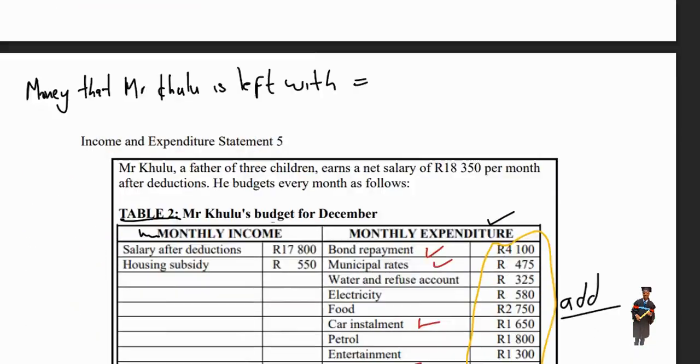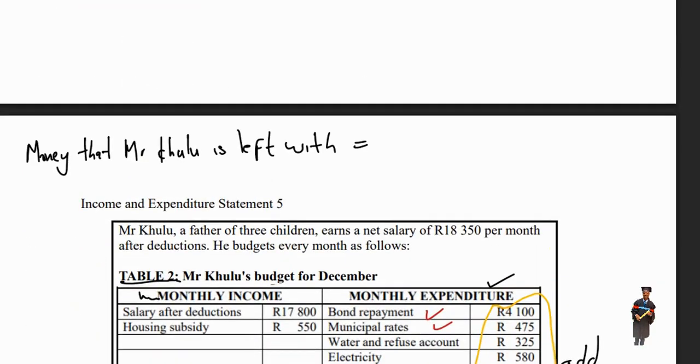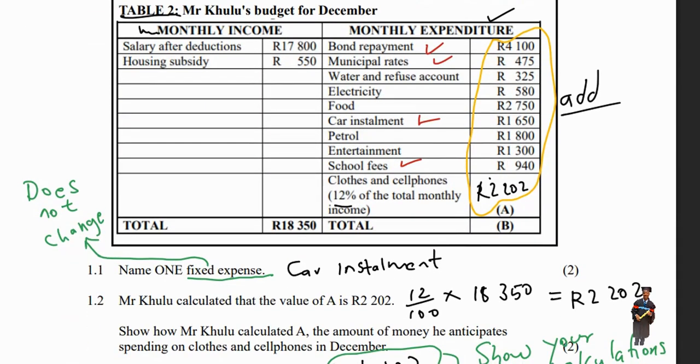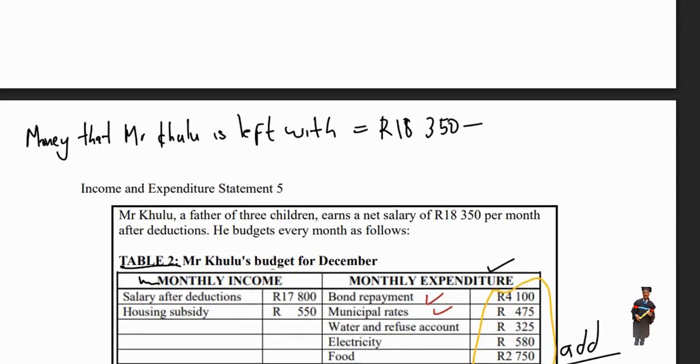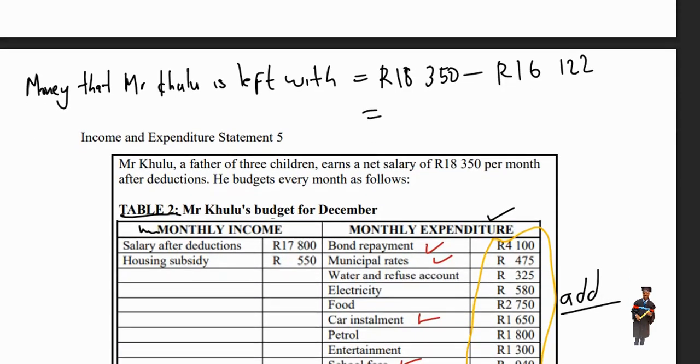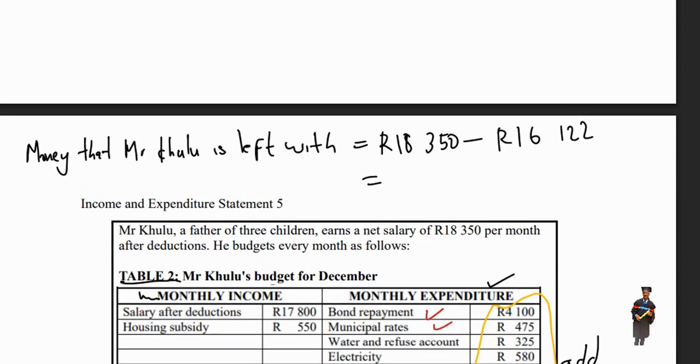The total income is 18,350. Then subtract the total expenditure, which is 16,122. He receives 18,350, he spent 16,122, and how much money will he be left with?